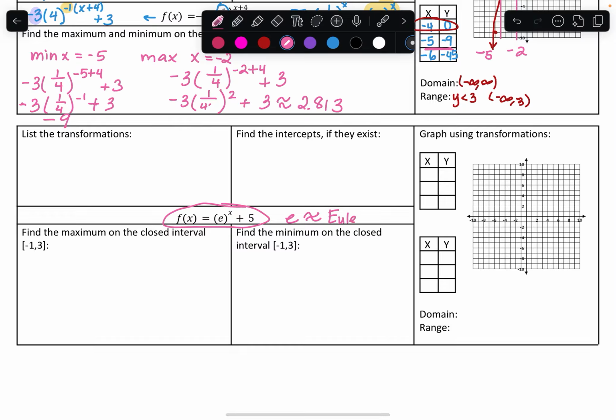You're going to see this name and you're going to want to call it Euler, but it's pronounced Euler. And Euler's number is a constant irrational number like pi. The value of e is approximately 2.718, but it's a non-repeating, non-terminating decimal, so it just goes on forever.